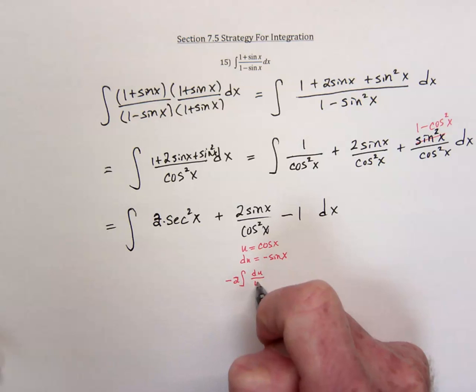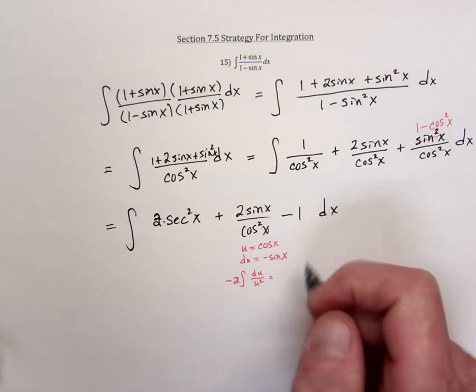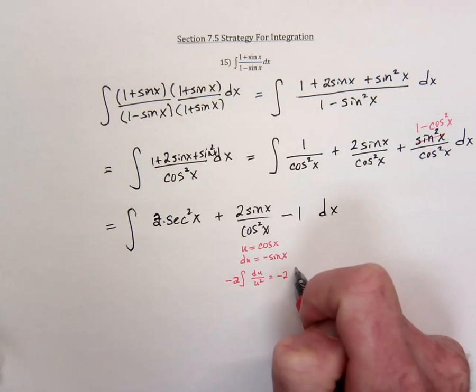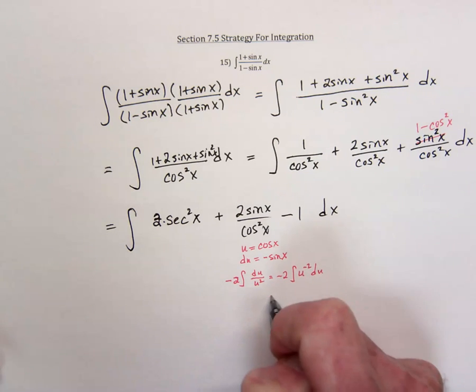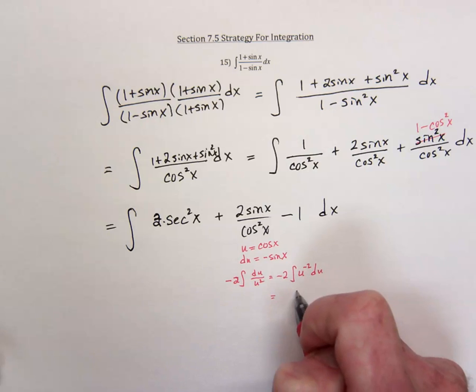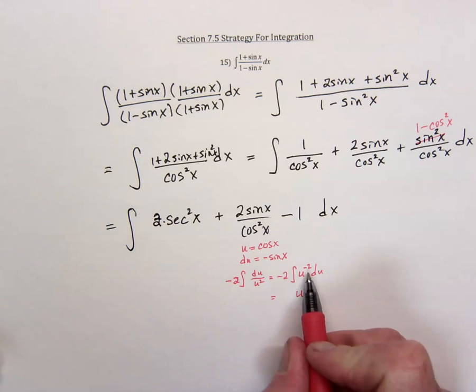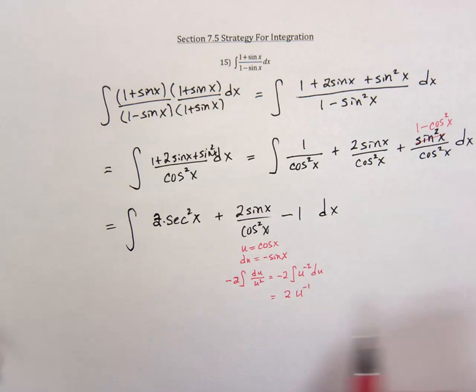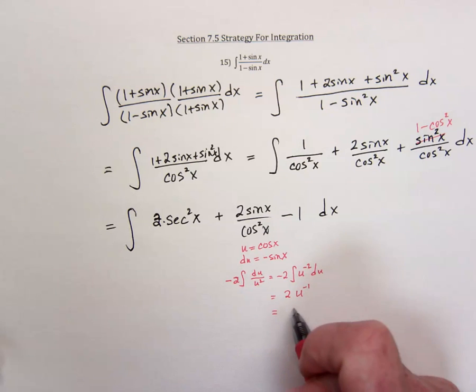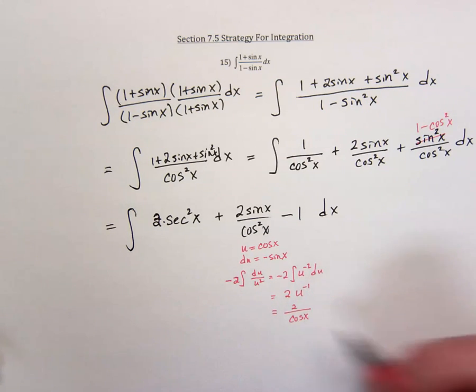This would be u squared. So that means that we would really be integrating u to the negative 2. And that would be, let's see, add 1 to the exponent, negative 1. So u to the negative 1 over negative 1, which would then make this positive. So then that would be 2 over u, so 2 over the cosine.